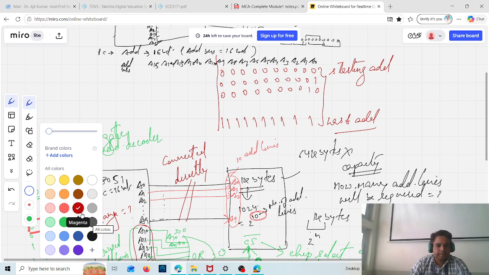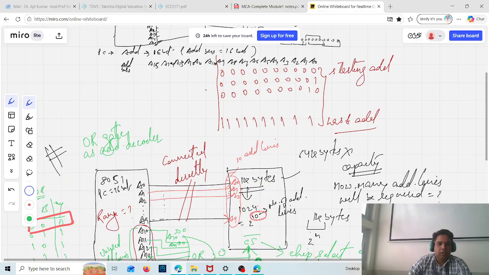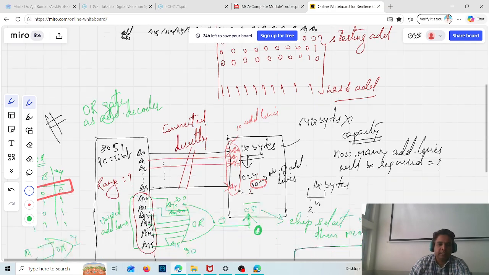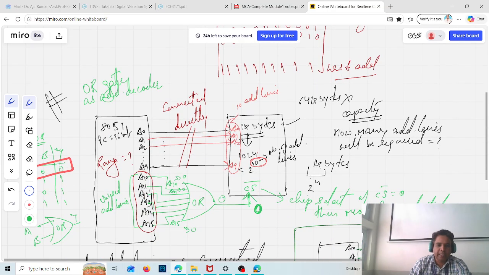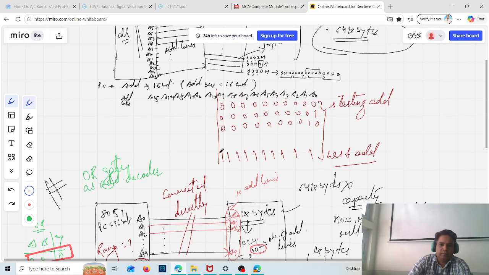Now please see here. These address lines, which are connected as input to this address decoder OR gate, are all fixed to zeros, because the output of the OR gate is supposed to be zero. Irrespective of A0 to A9, which are varying from all zeros to all ones, these are supposed to be fixed to zero.